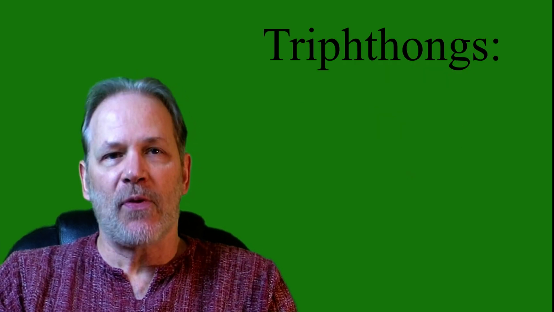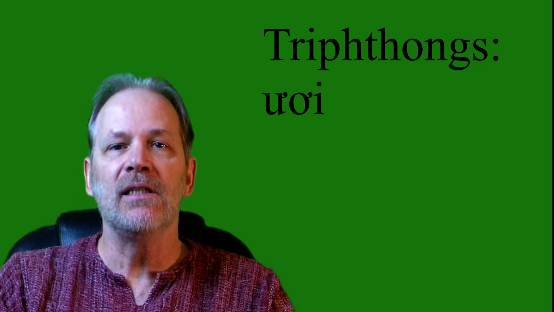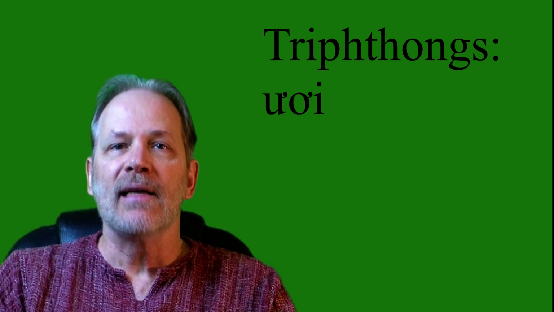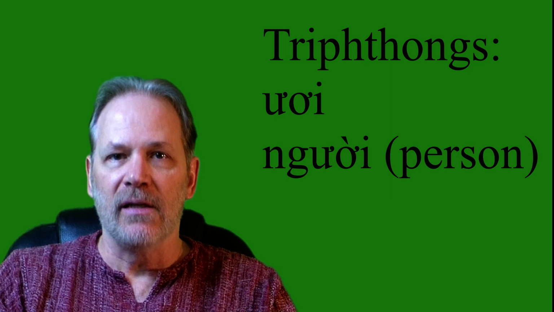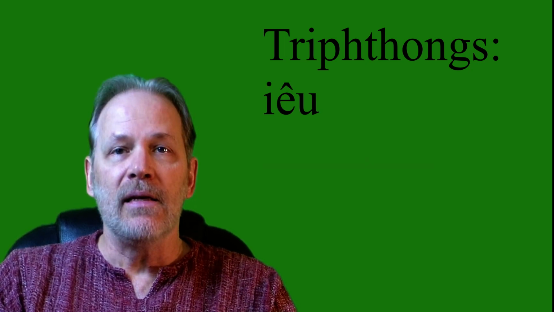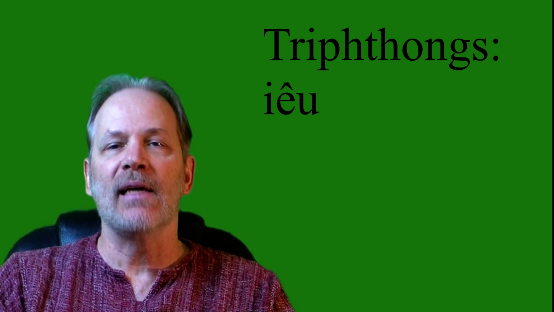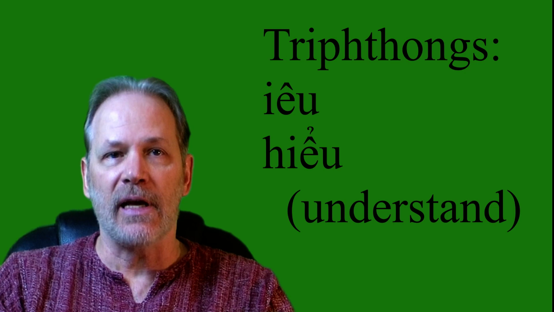So there are a few triphthongs that are very common. One is u-e, as in the word người, person. You'll hear that quite often. Another is i-e-u, as in hiểu, to understand.